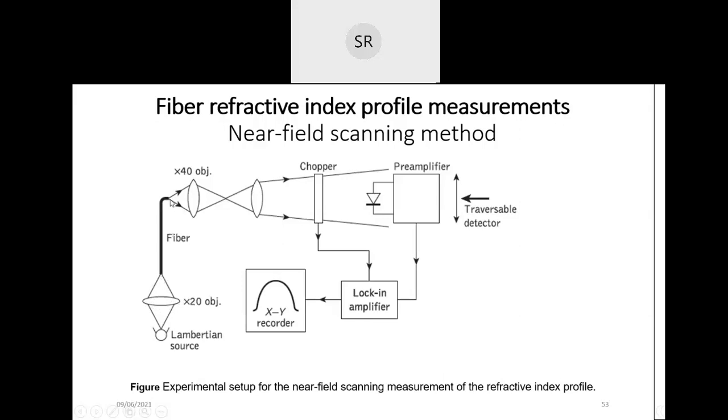Then light propagates through the fiber, and we have another lens here. Light comes from the fiber, and that lens is used to magnify the light coming from the fiber, which then falls on a traversable detector.